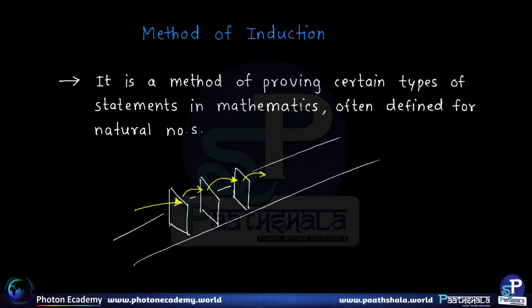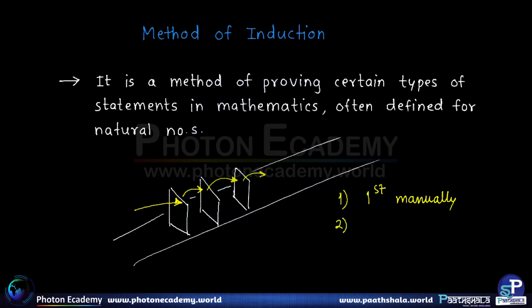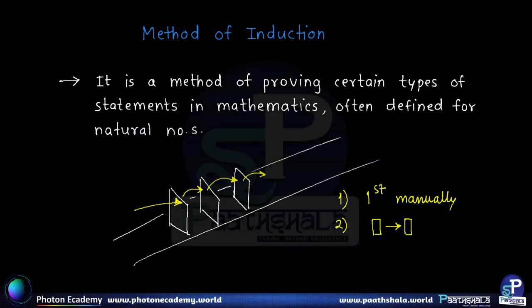So if we do two things, that is, if we ensure that the first domino is manually fallen down, and if we ensure that any particular domino is connected to the next domino, then ultimately all the dominoes will fall down. So this is the crux of the method of induction. Now let us see how this can be translated into actually using the method of induction.